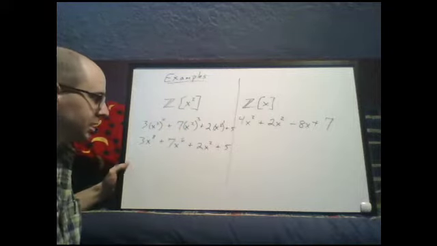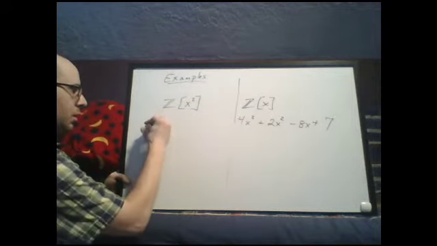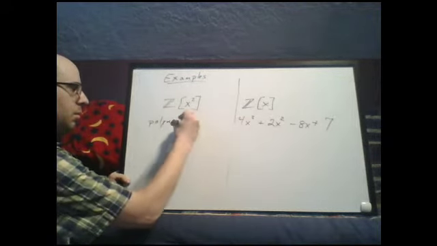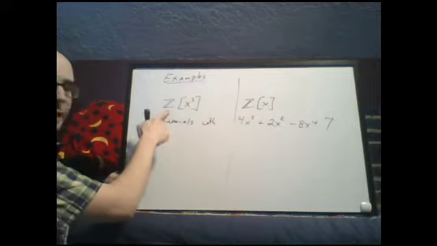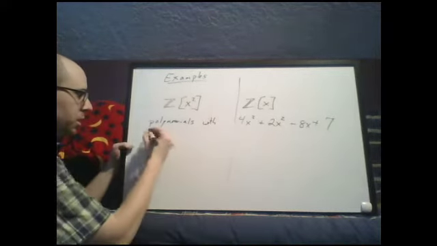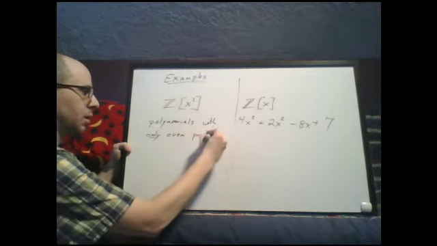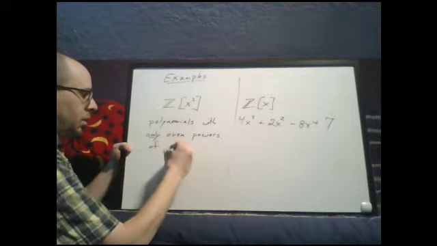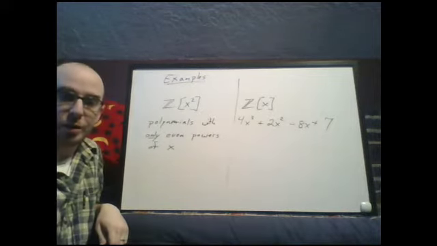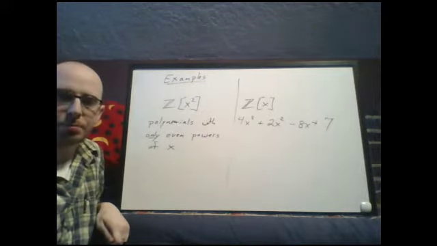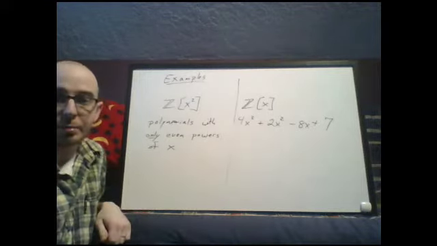Z[x squared] is the set of polynomials with integer coefficients, but with only even powers of x. So if I only have even powers, when I add two of these things, the resulting polynomial will only have even powers. If I multiply two of these polynomials and multiply it all out, the resulting powers will still be even.